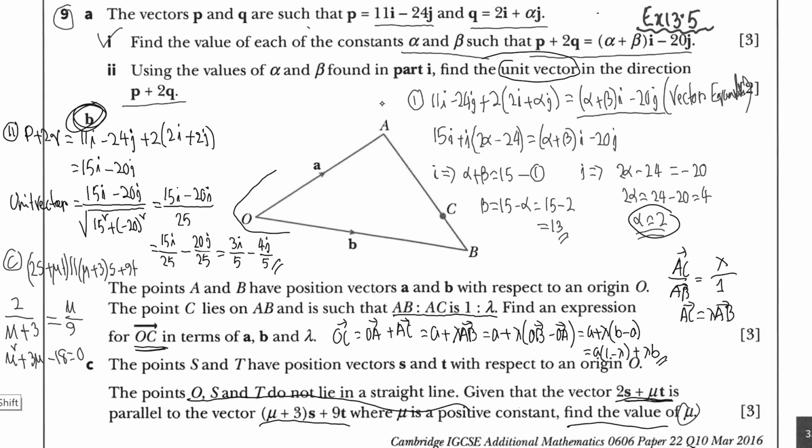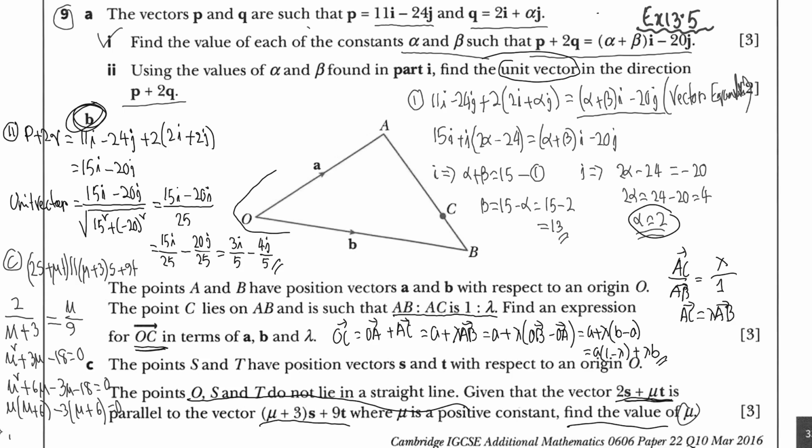We have to solve it by middle term breaking: 6 mu minus 3 mu minus 18 equals 0. If I take mu common, it is mu plus 6, and taking minus 3 common, it is mu plus 6 again, equals 0.